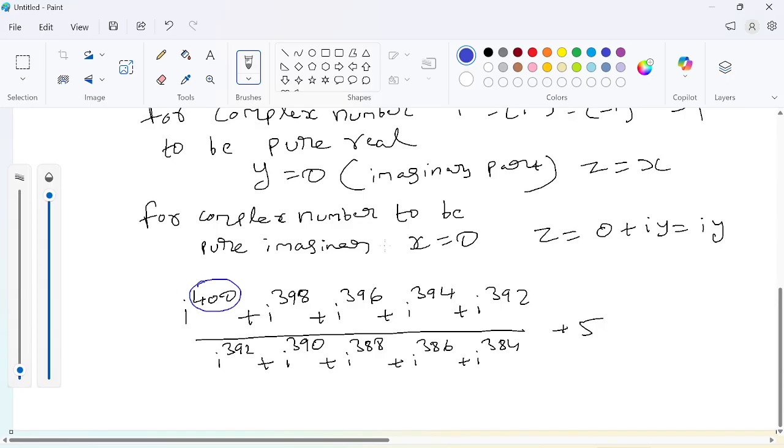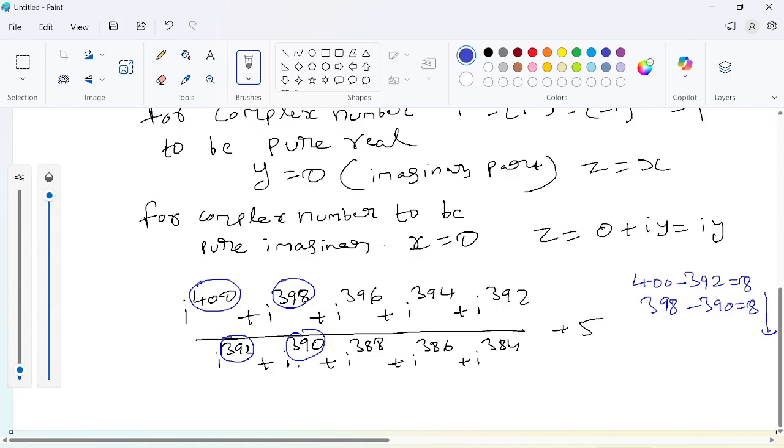Do it term by term. What is the denominator power? 390. Now 400 minus 390 is how much? 8. If you see in every case, here also 398 is the second term of the numerator power and 390 is the second term of the denominator power. So 398 minus 390 is how much? 8. Now if you see, there is a common difference among all of these.